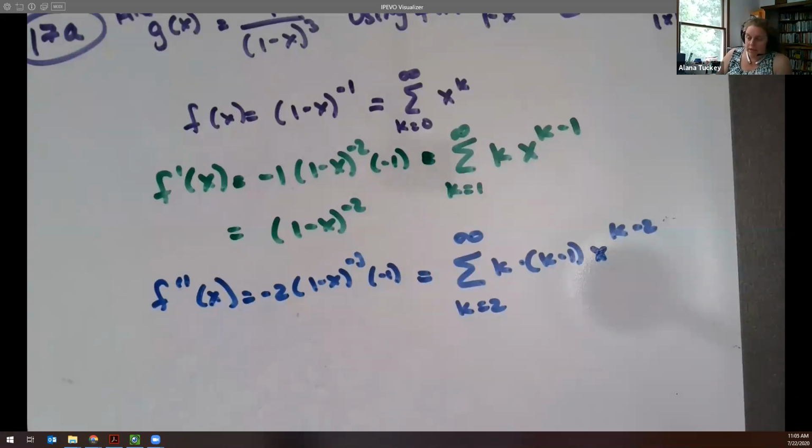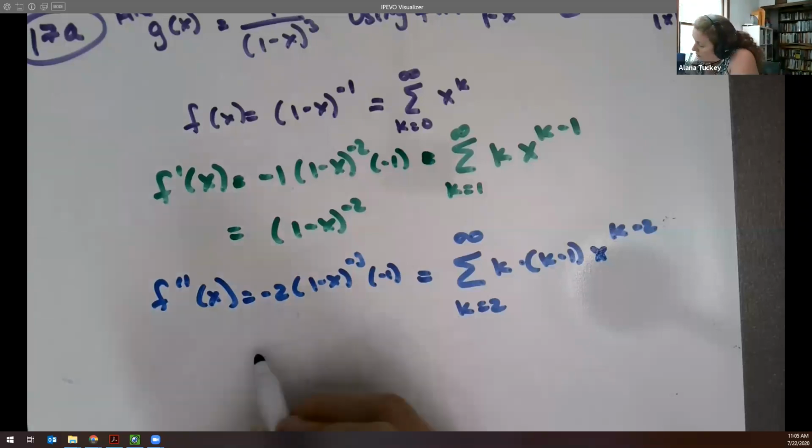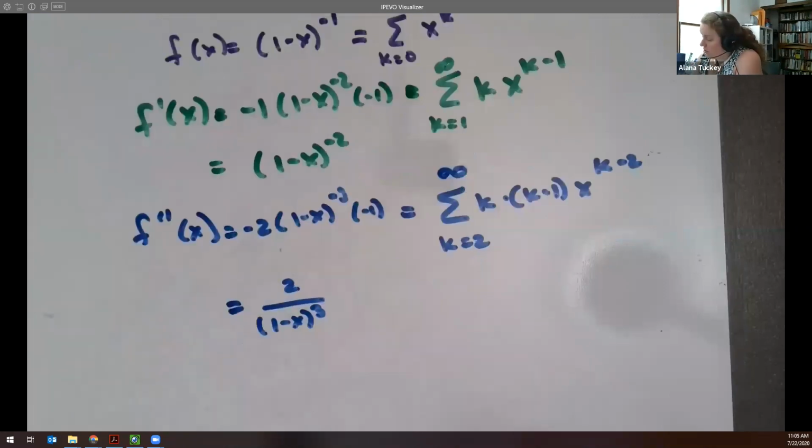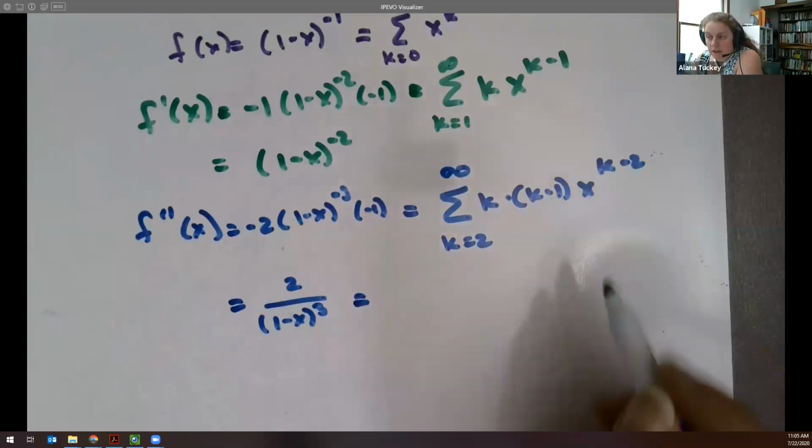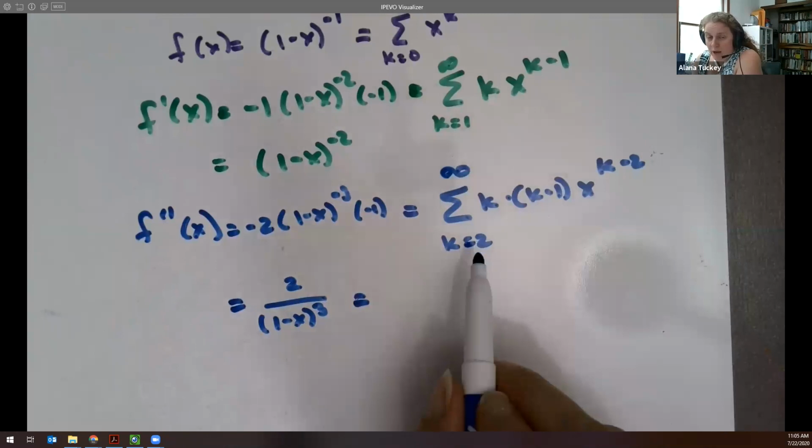Okay, so then, let me think. This is super close. So if I rewrite this, this is 2 over 1 minus x to the 3 is equal to all that jazz, right? Now, I don't particularly like that it's starting at 2. I want to shift it and make it start at 0.